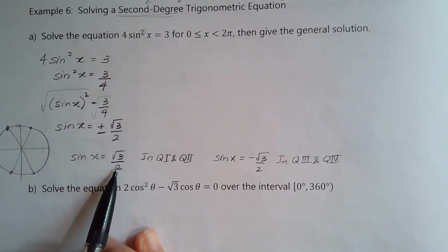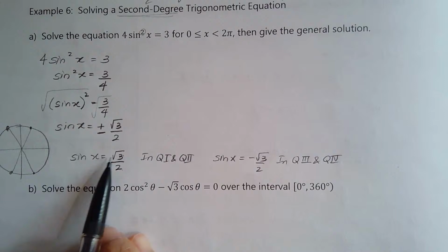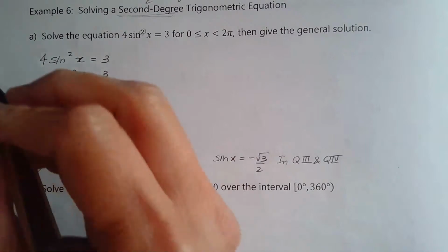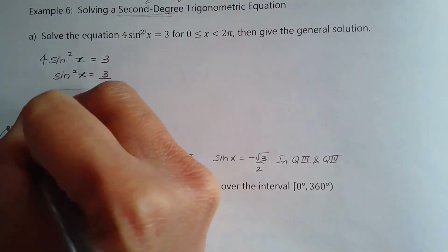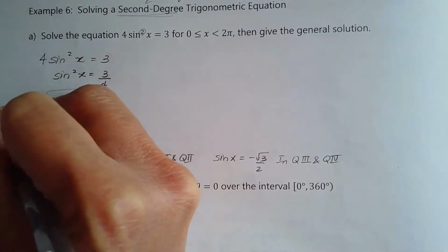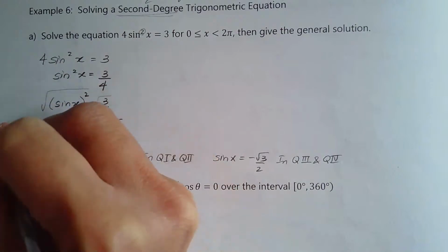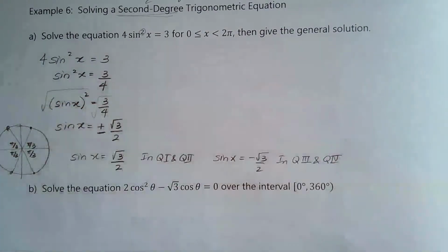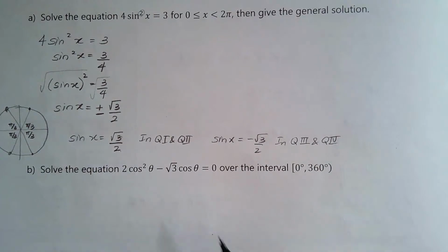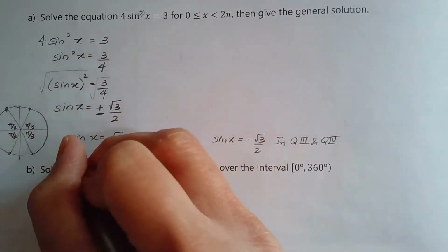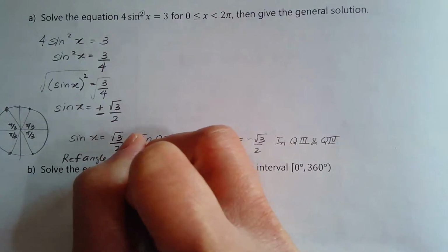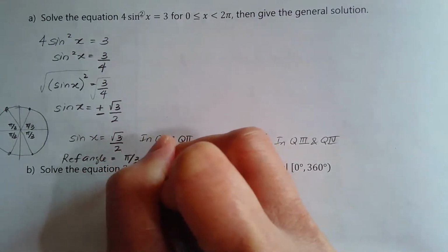Let's figure out the reference angle here. Sine of x is root 3 over 2, so the reference angle is pi by 3. Reference angle is equal to pi by 3.